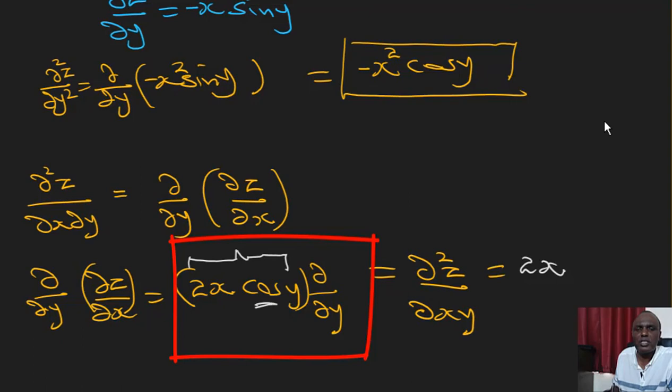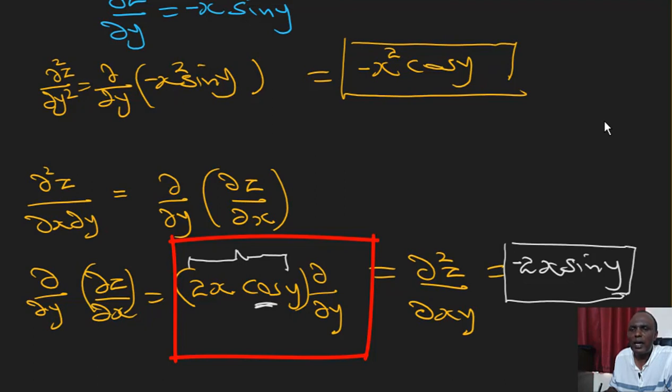Then we differentiate cos y. If we differentiate cos y, we get negative sine y, and that is the second derivative in that case, that is ∂ squared z over ∂x∂y.